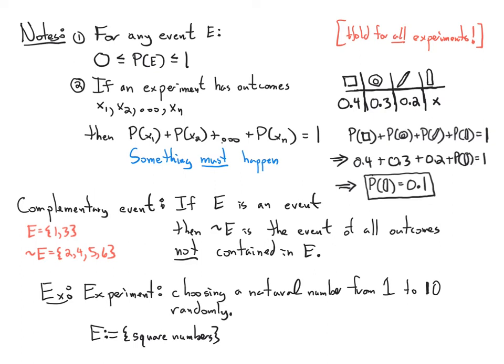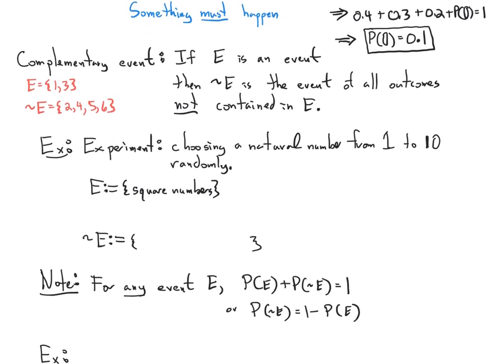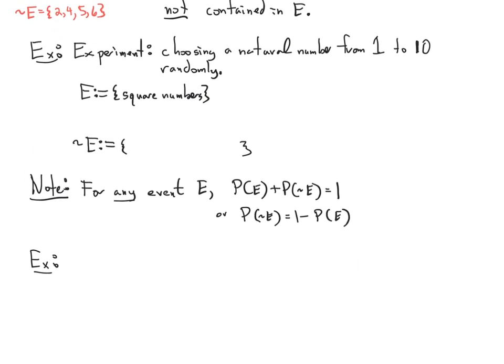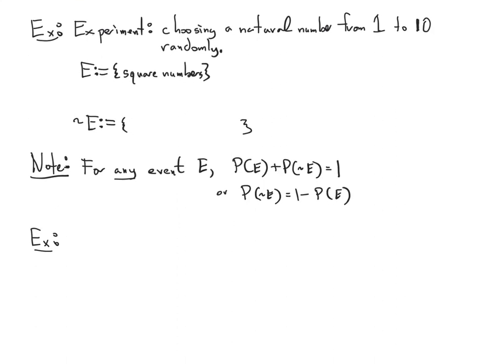Let's look at a quick example here. Let me scroll down. So let's say the experiment is choosing a natural number from 1 to 10 inclusive, so the numbers 1, 2, 3, 4, 5, 6, 7, 8, 9, or 10 randomly. I want the event E to be square numbers. So they're numbers that when you multiply another number by itself, you get that number.